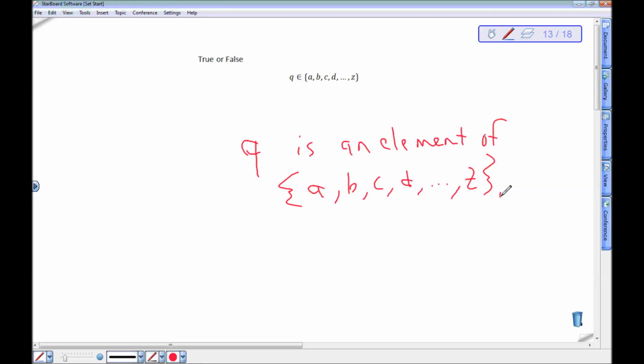Well, since when I write down a set, I'm not trying to trick anybody, when I see, hey, this set has A, B, C, D, I assume, especially since it ends in Z, that this is going to have all of the lowercase letters of the English alphabet, which means that it will indeed hit Q at some point, and I say this is a true statement. Q is an element of the set containing A, B, C, D, and so on through Z.